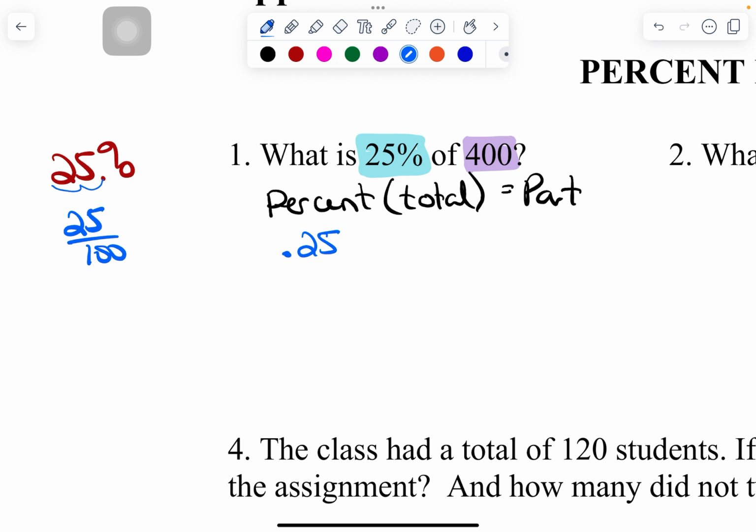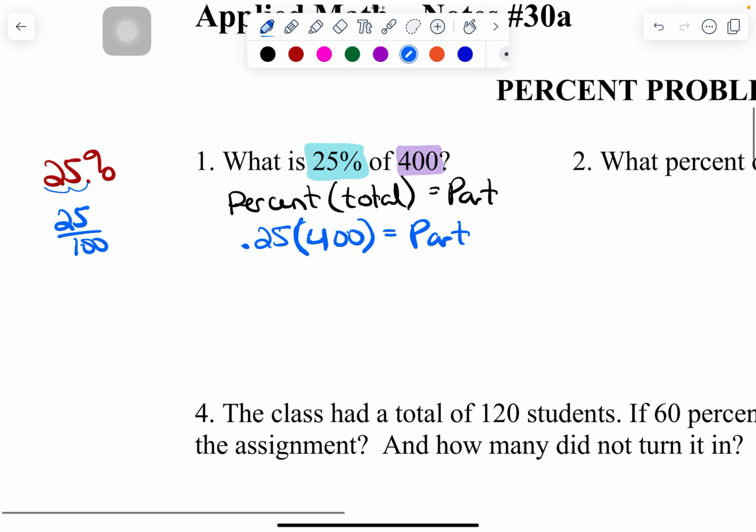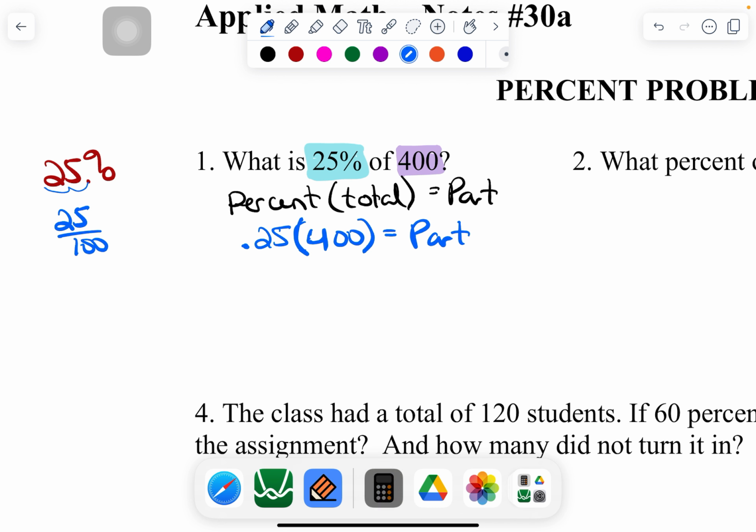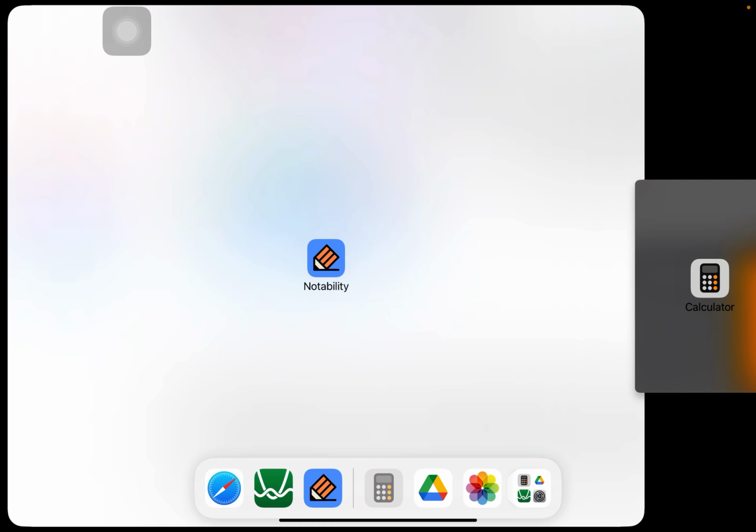Now, what's our total? Our total is, of course, 400. And what is the part? I don't know. That's what we're trying to figure out. Now, with percent problems, because the percents are not necessarily that easy, the numbers are not always that great, especially dealing with decimals like this, this is going to be a place where you are going to be working with a calculator.